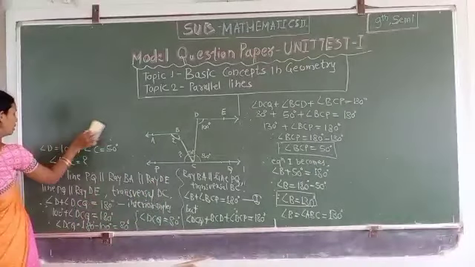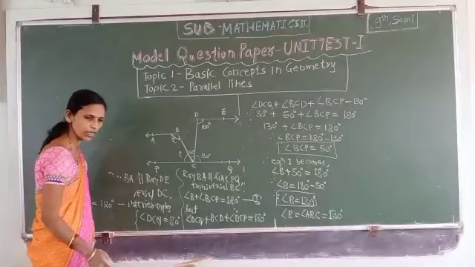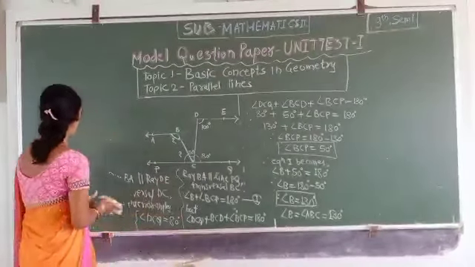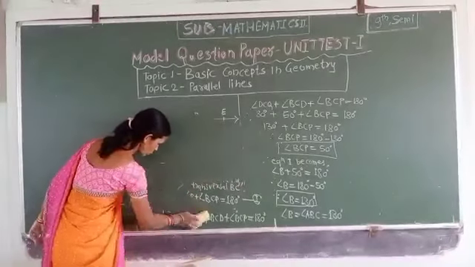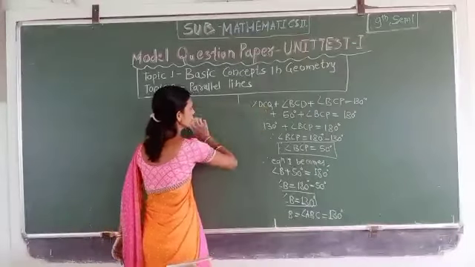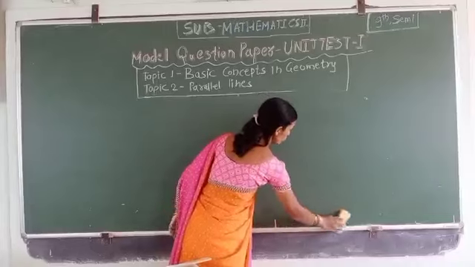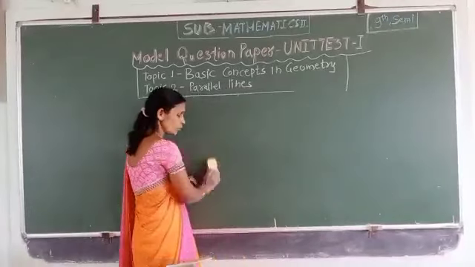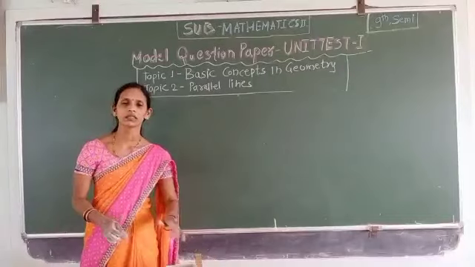Then we will solve the last example given in the question paper, that is question number 5. Read the question: we have to prove a theorem, the opposite angle theorem.